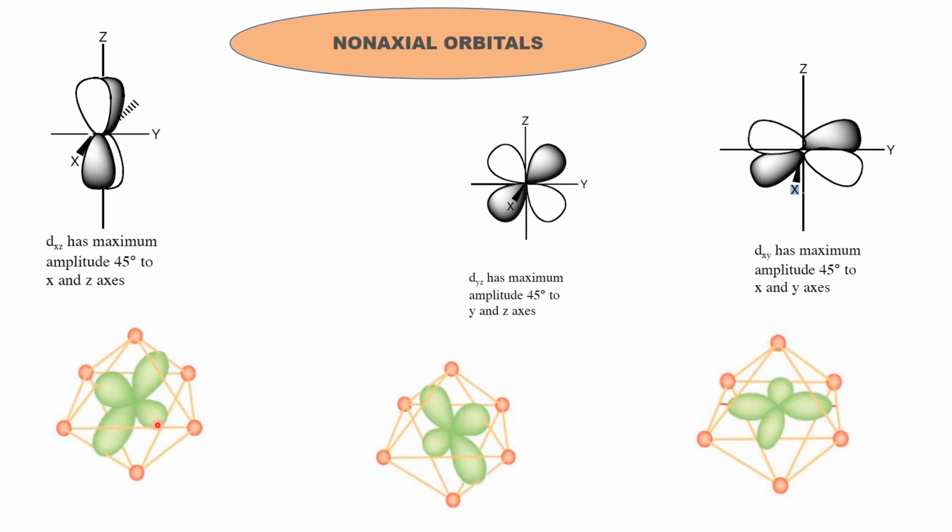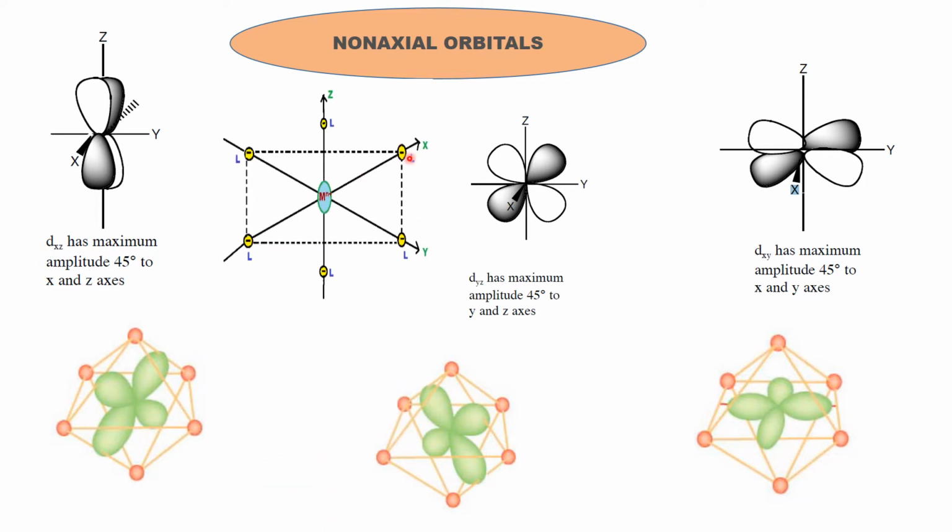We know the ligands are approaching the central metal ion through the axes, as you can see from this figure. So the non-axial orbitals are not placed along the axes. They are not directly approaching the ligands. They are in between the axes.